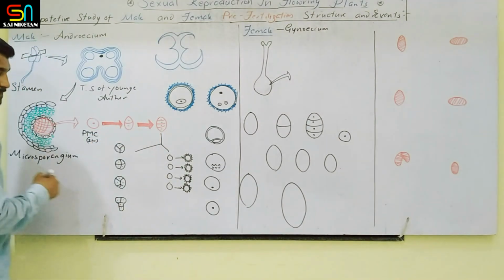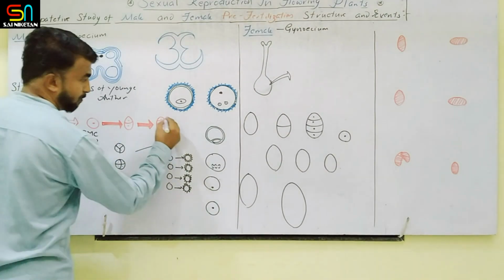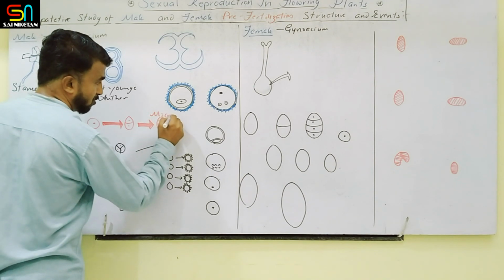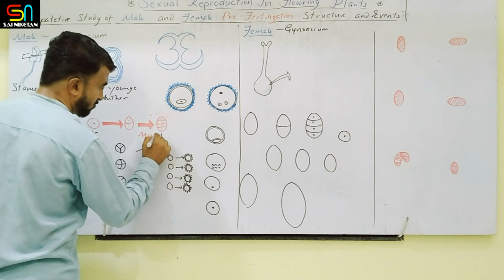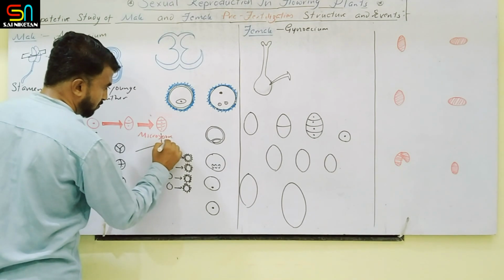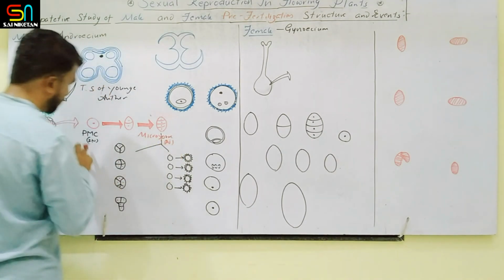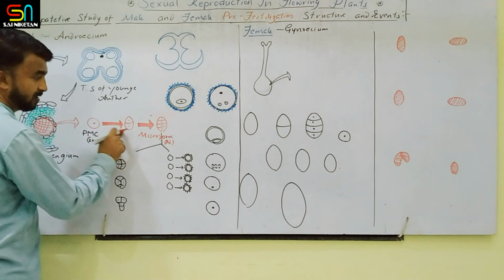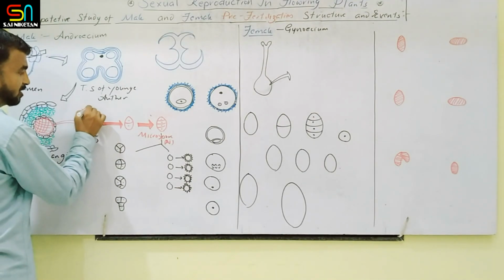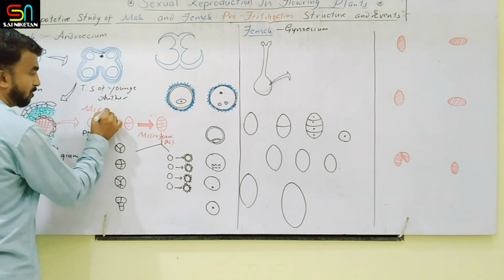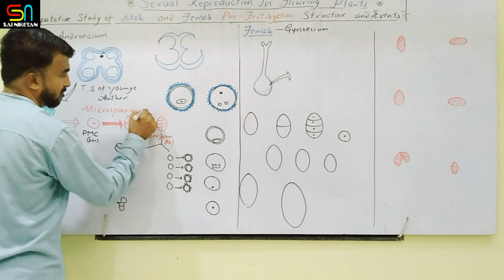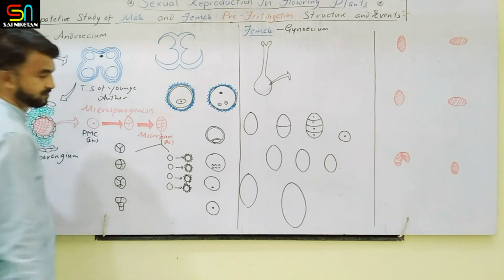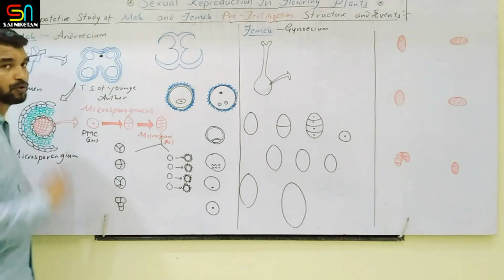This process, the formation of haploid microspores from the diploid pollen mother cell, is microsporogenesis. Here microspores are produced.